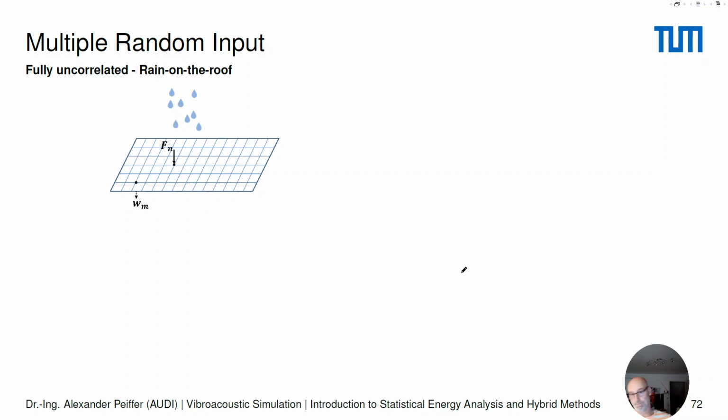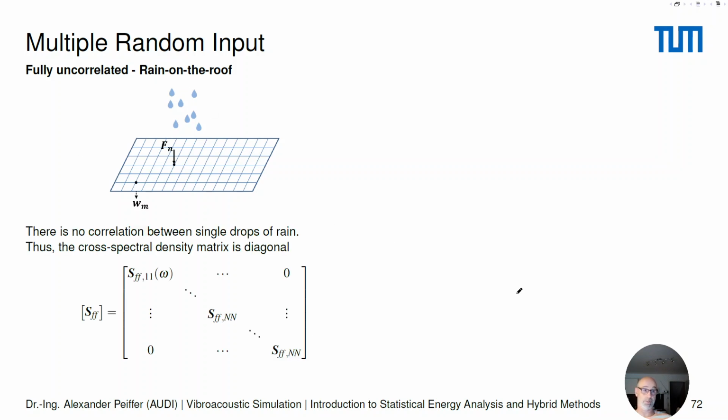Maybe they experience the same cloud, but you will hardly find a correlation between the excitations from the drops. That means the matrix describing this excitation would be zero for all off-diagonal terms, and just the diagonal would give the autospectra of each single drop excitation.